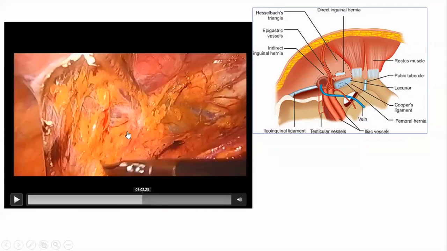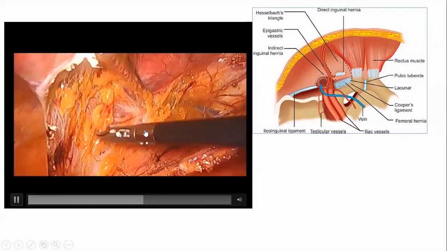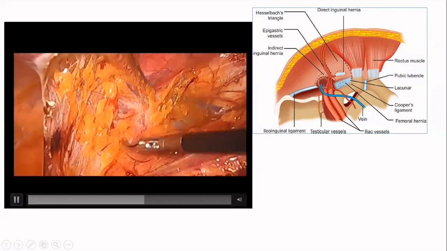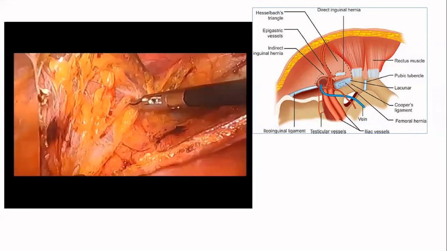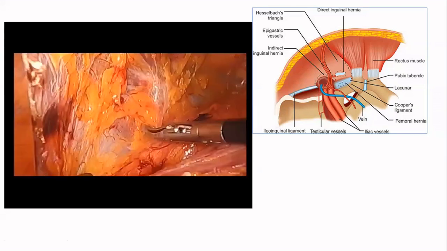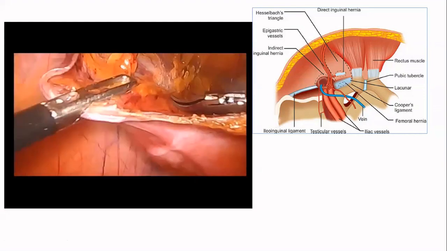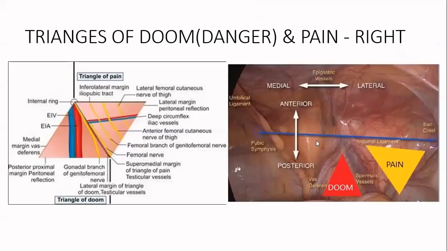The other thing is there are important nerves, and some vessels deeper to this, like the femoral vessels, the femoral vein. We don't see it now, right?